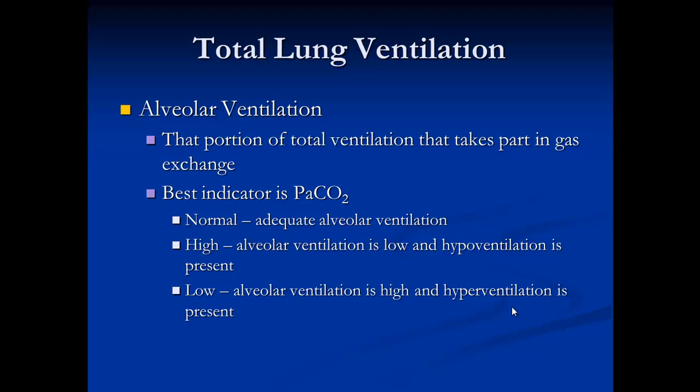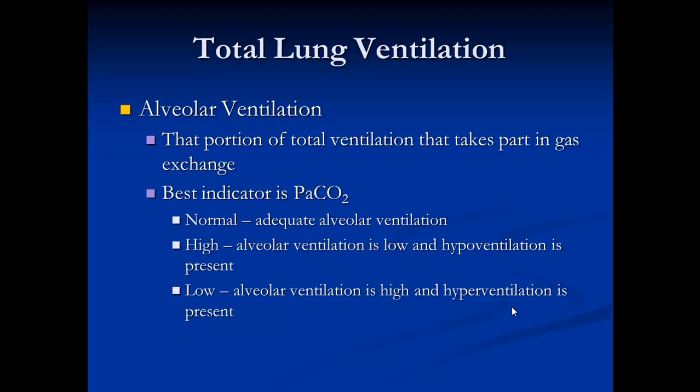Alveolar ventilation is basically the portion of total ventilation that takes place in the alveoli for gas exchange. And the best indicator for that is the PaCO2, the partial pressure of CO2 at the level of the alveolar. When patients have a normal ventilation, there's an adequate PaCO2, so the PaCO2 remains within 35 to 45.